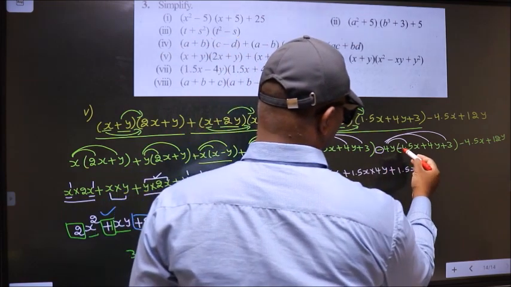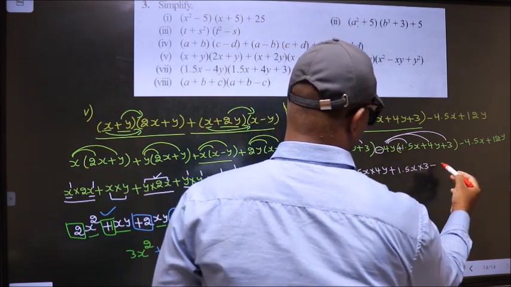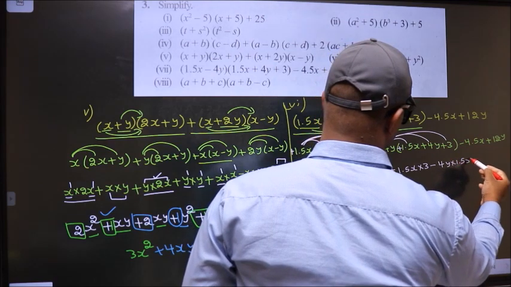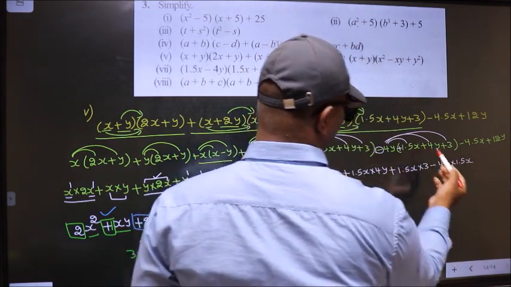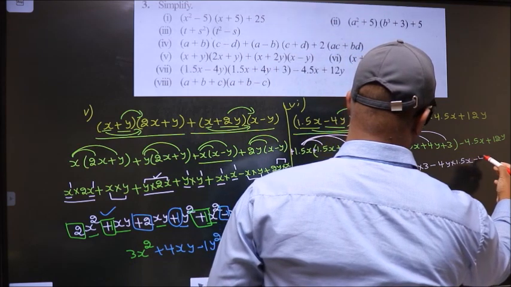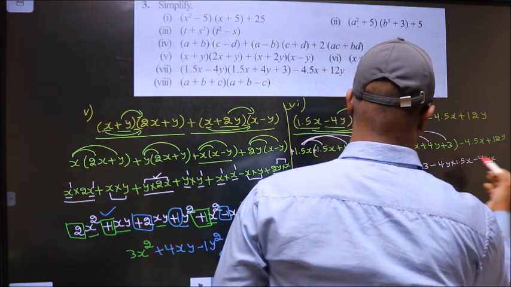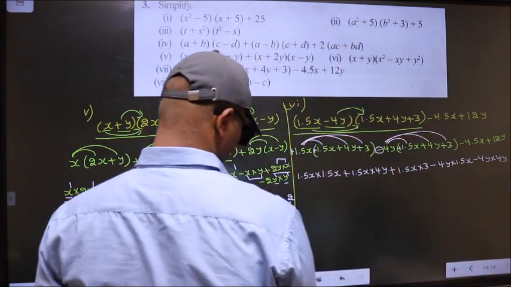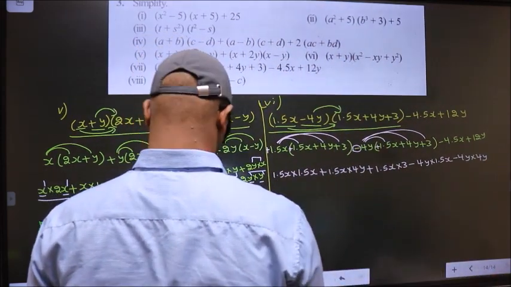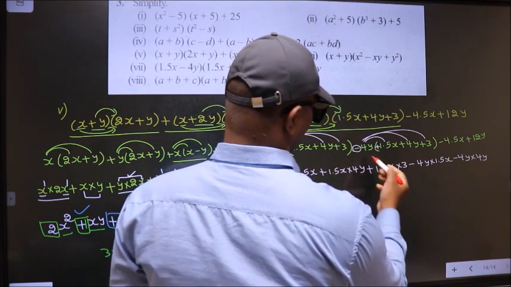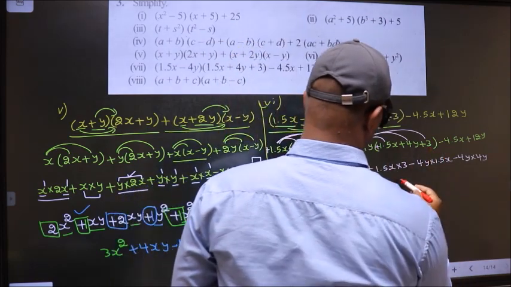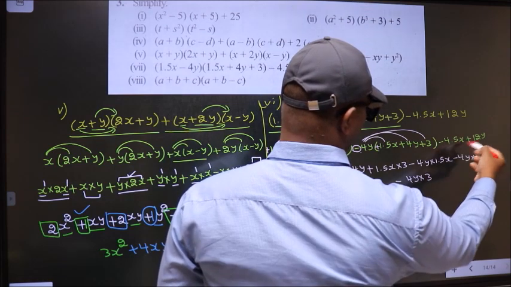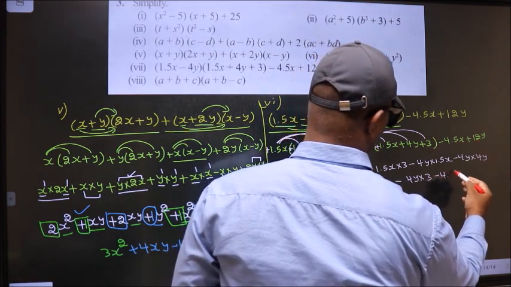So negative into plus minus 4y into 1.5x, minus into plus minus 4y into 4y. Now minus into minus, minus 4y into 3. This no change.